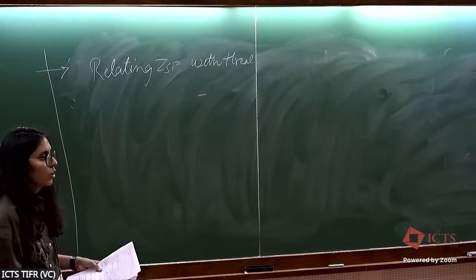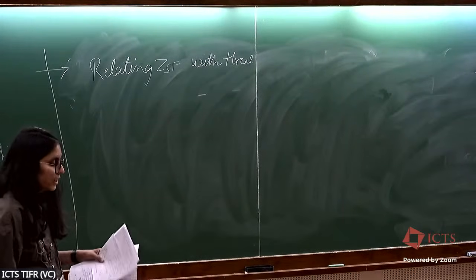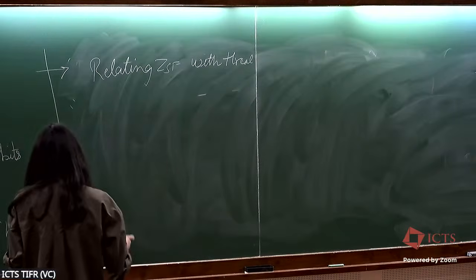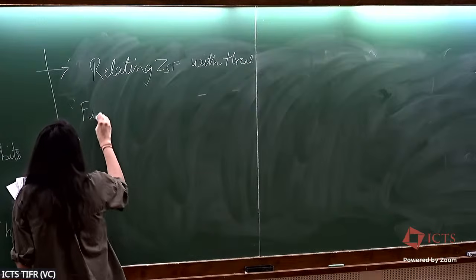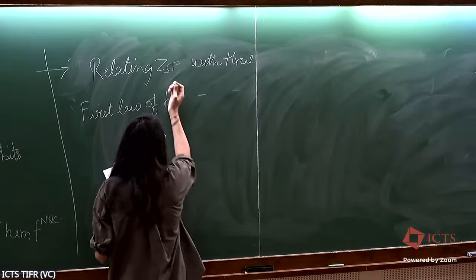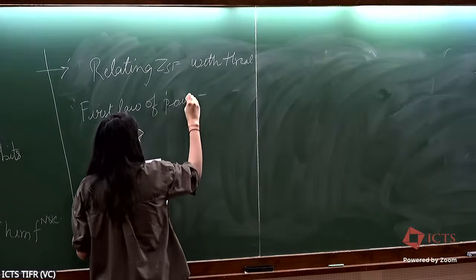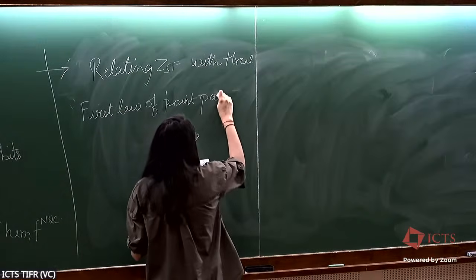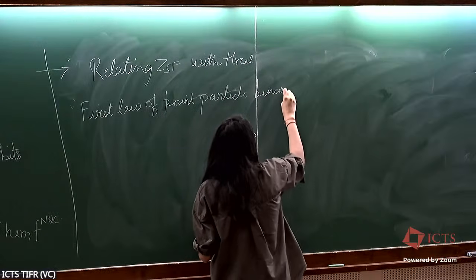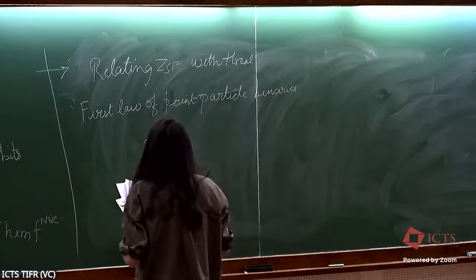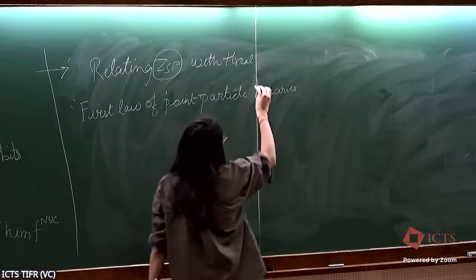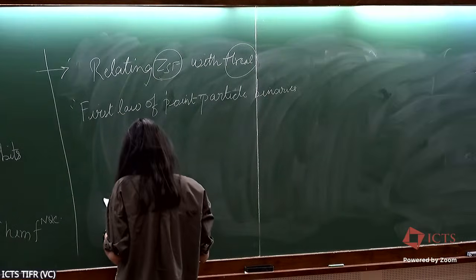We use the first law of binary dynamics, or we can say the first law of point particle binaries, which helps us in relating the ZSF computation, or the redshift, with the real Hamiltonian.